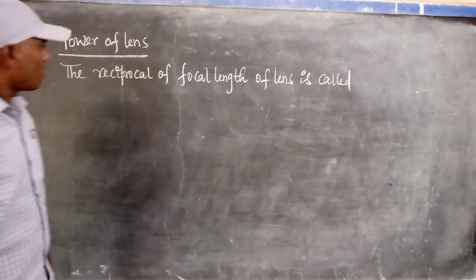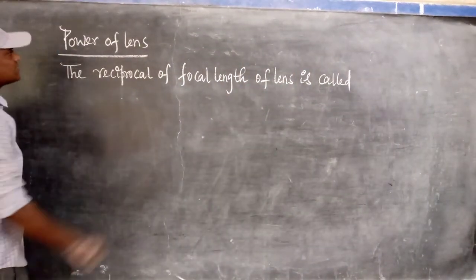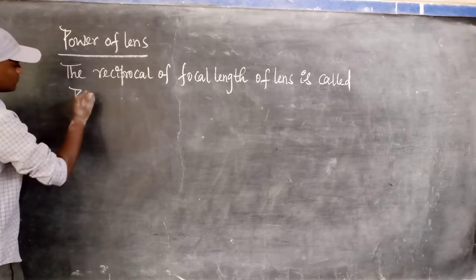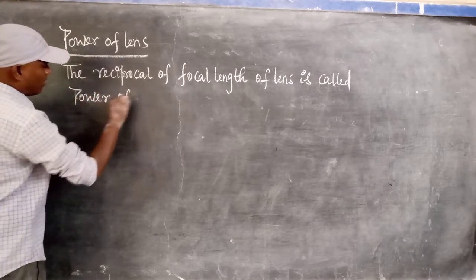The reciprocal of focal length of a lens is called power of lens.